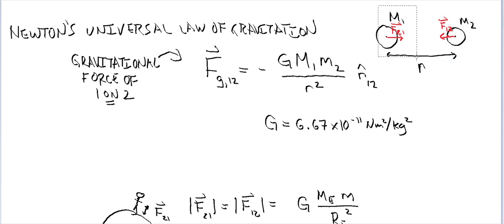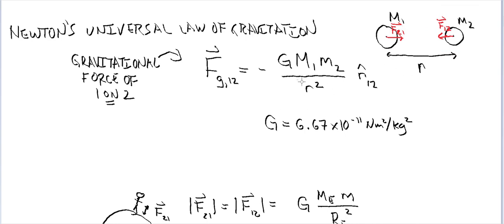The force that mass 1 exerts on mass 2 is described thusly. This minus sign just tells me that the direction of the force is such that mass 2 is pulled towards mass 1, or at least tends to.